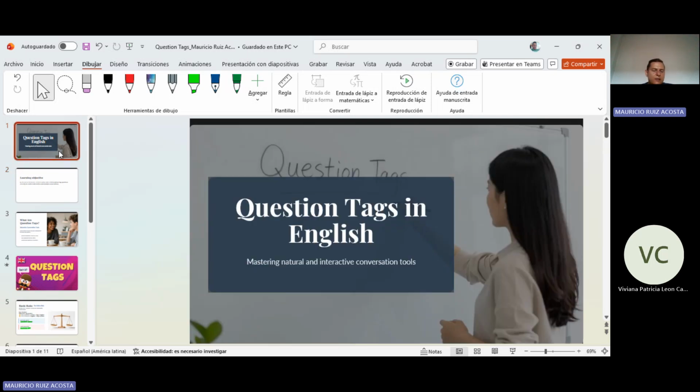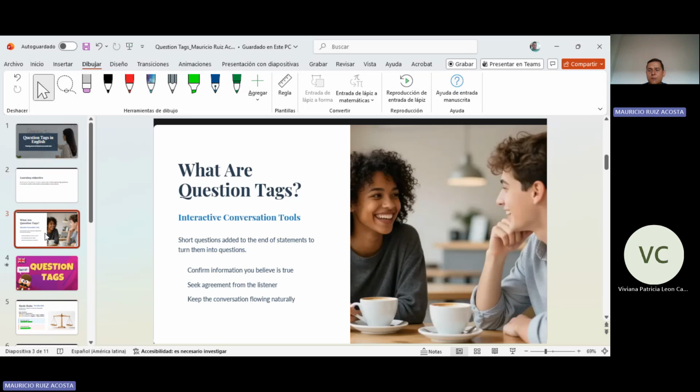And in the next classes we are going to see some review about mathematics and present simple and the past simple. So in this kind of exercise, we are going to practice present simple or past simple through mathematics.